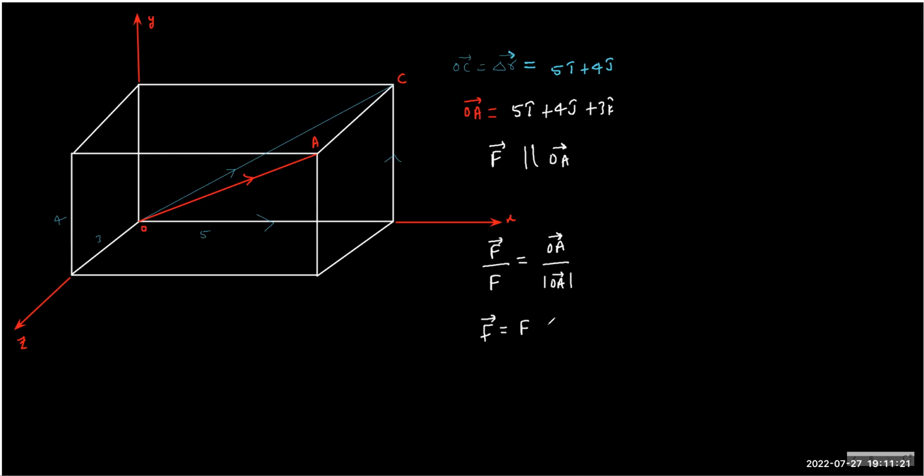F is a number which is given in the question. I think 10 is given, right? Yes, sir. So I can just write F into OA in vector form upon the value of mod of OA. So the F vector we can write as 10 multiplied by the OA, which is 5i.